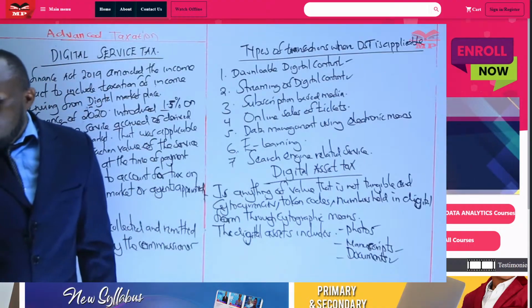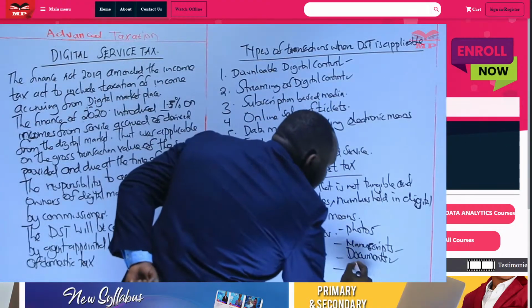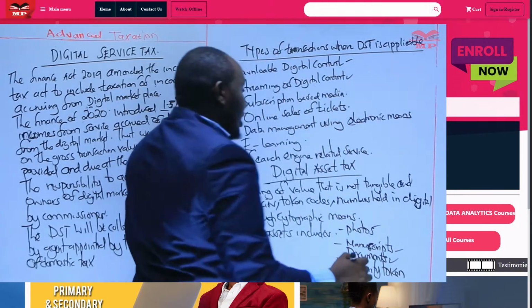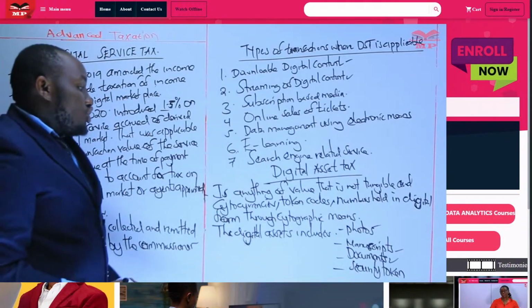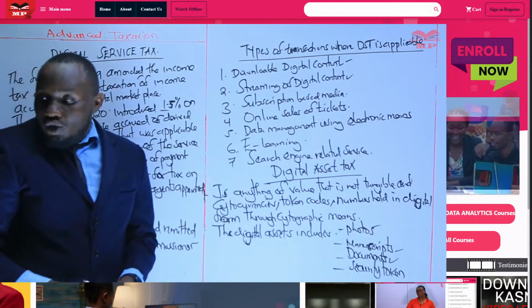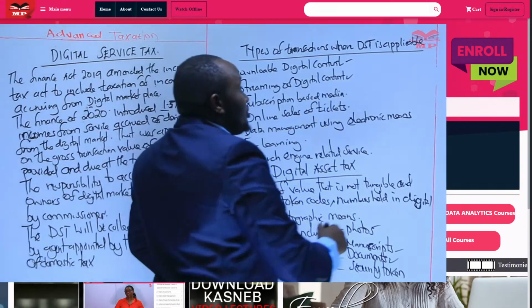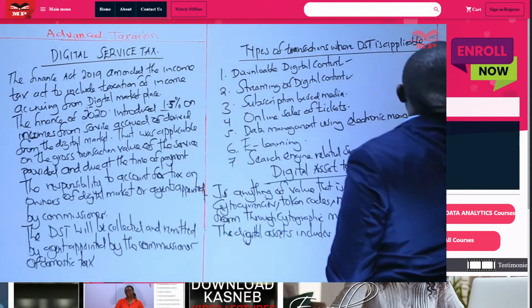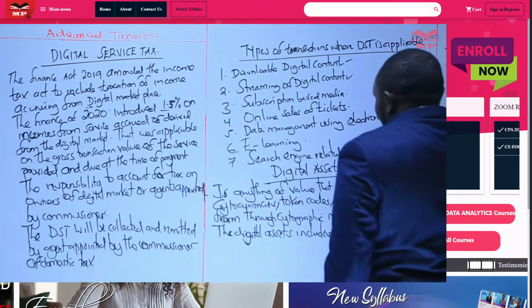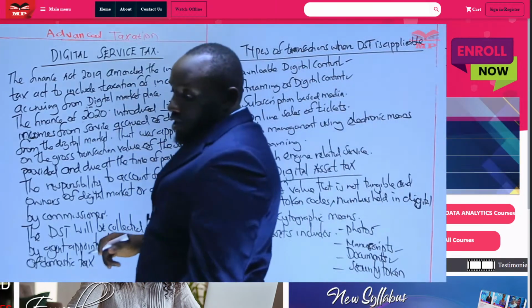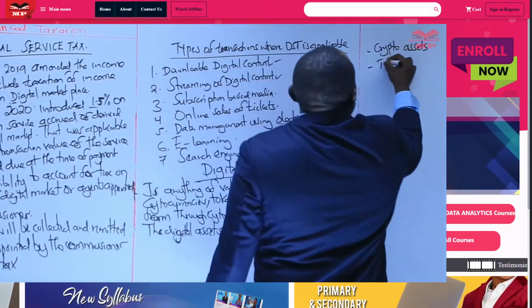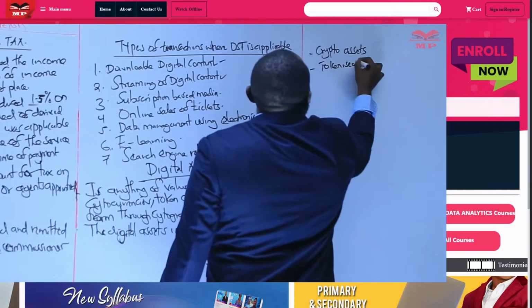We can name a few examples: security tokens, and crypto assets as a form of digital asset. We can also have tokenized assets.